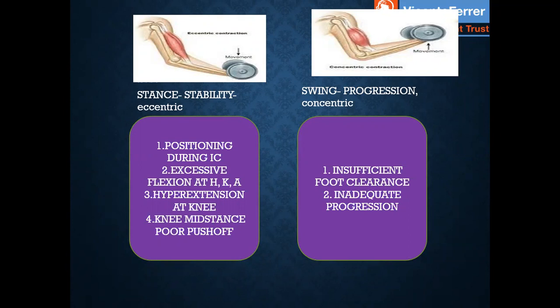it's an issue. In the stance phase, in mid stance or terminal stance, the knee and hip will be in extension, and the ankle will be flat or mildly dorsiflexed.